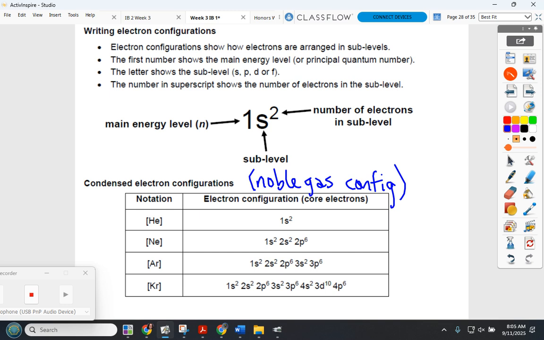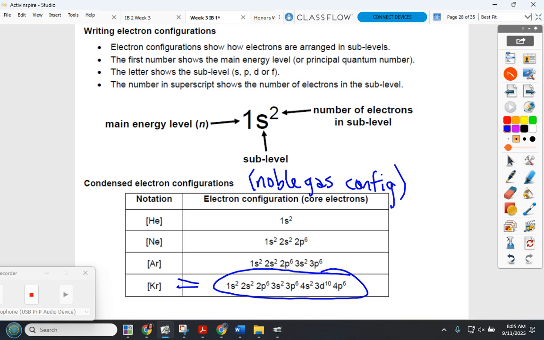So what we can do is say, all right, whatever the last noble gas was before your element, the last group 18 member before your element of interest, we can just take this whole configuration and set it equal to that. Okay? So you take the last noble gas before your element, you write its symbol in square brackets, got to be square brackets, and then you can move on from there.